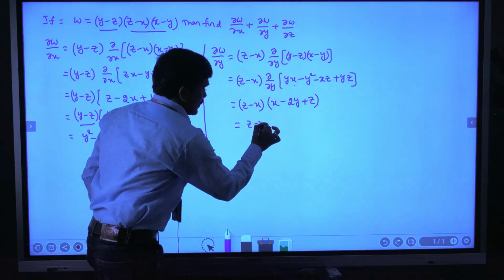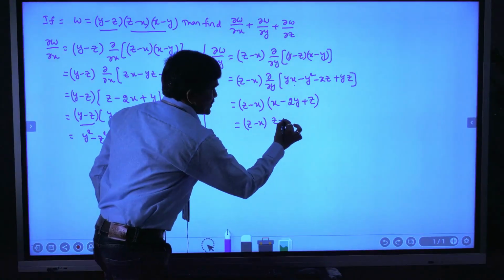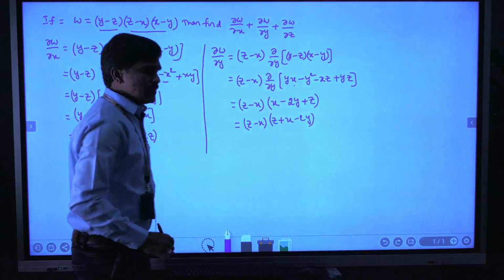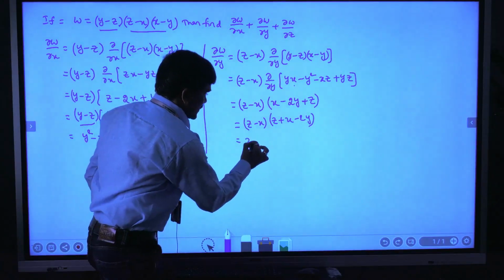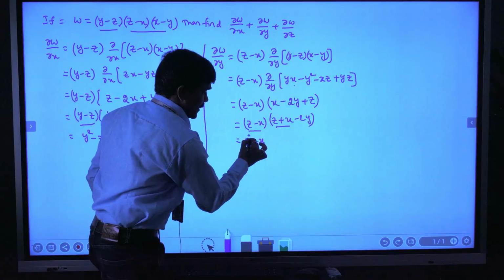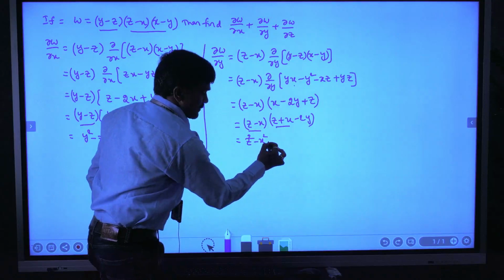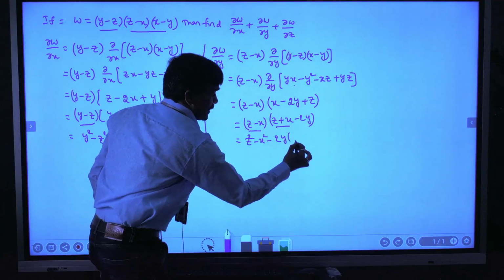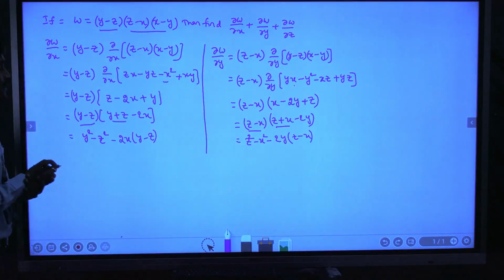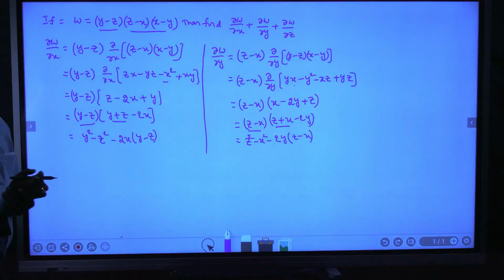Then this can be written as z plus x minus 2y. So we get z minus x into z plus x, which is z square minus x square, minus 2y into z minus x. So this is dou w by dou y.